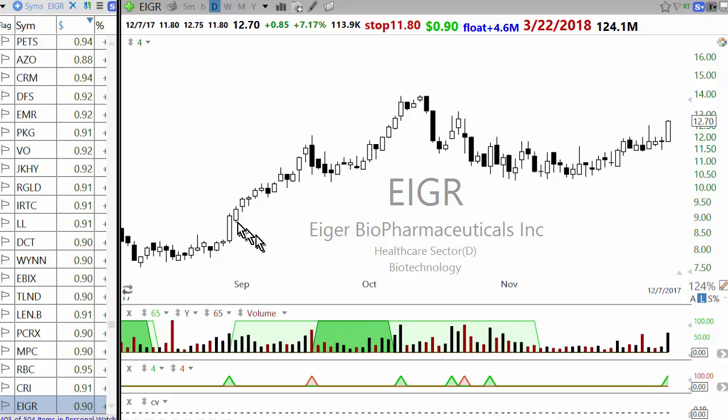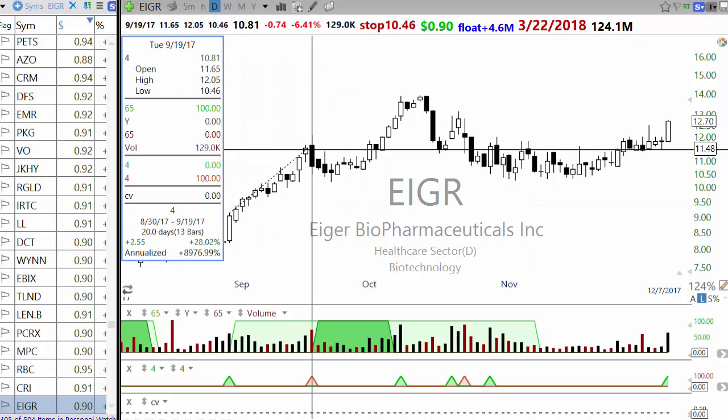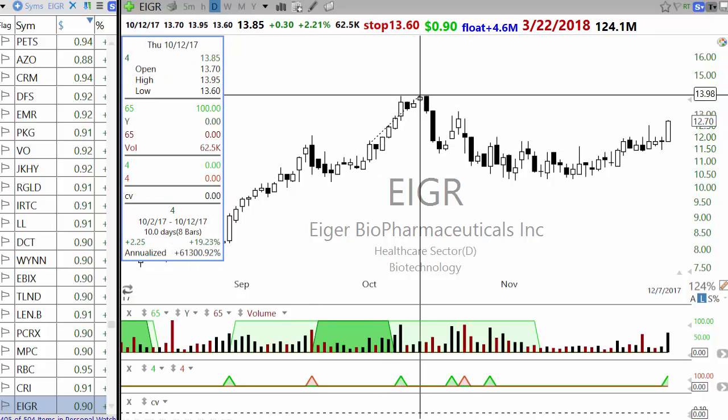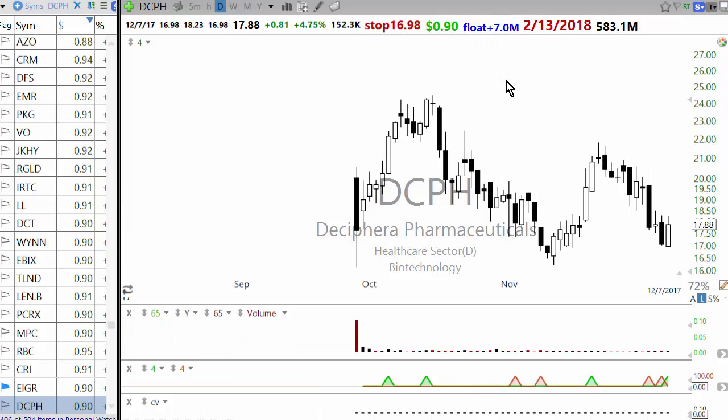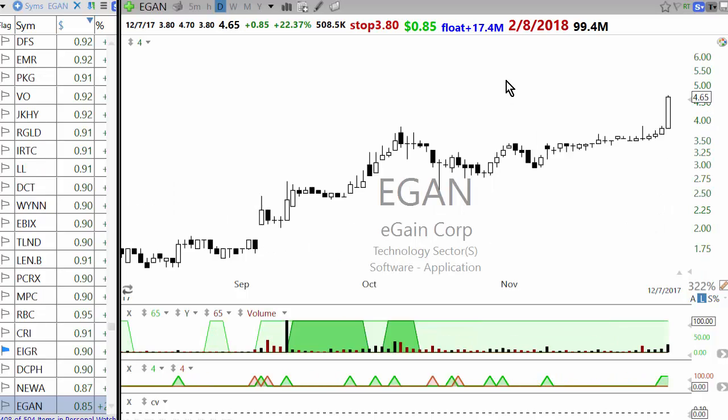Again, biotechnology, last time it had a breakout like this, it made a 30% or 28% move. Here another breakout, and it made around 20% move. So this is a nice breakout. And also always look for stocks which have very low floats, especially floats below 10 million. Those are stocks which if they take off, they can take off big.